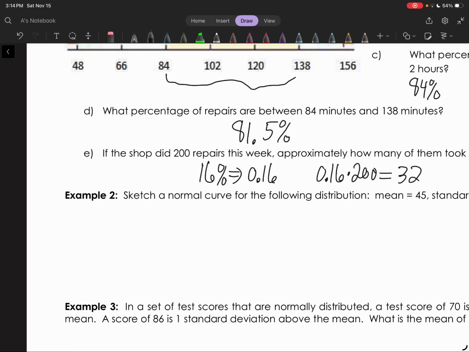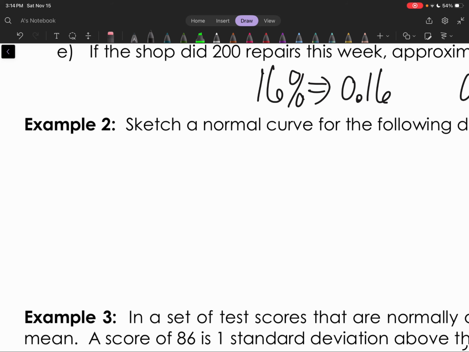Sketch a normal bell curve with a mean of 45 and a standard deviation of 5. Alright, my bell curve. Good enough. Right down the middle is my mean value, 45.